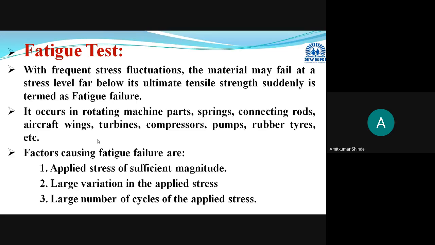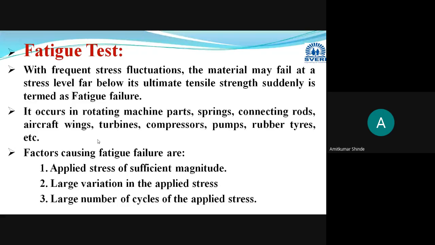Now, this fatigue failure is very common in rotating machine parts. For example, you can write rotating machine parts, like different turbines, compressors, pumps, different kinds of springs and connecting rods. In all these components, this type of fatigue failure may occur.